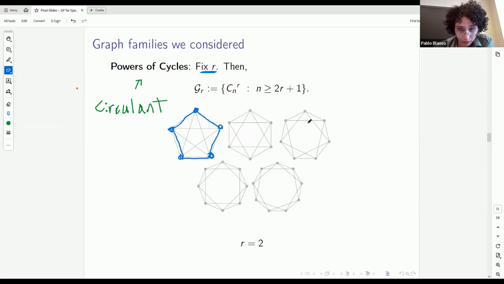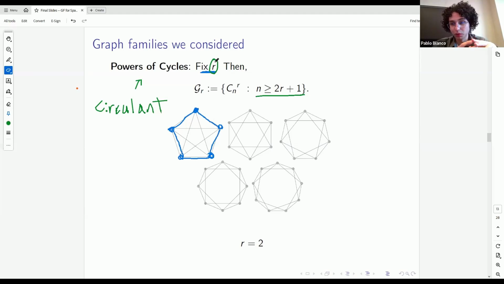And I impose this condition that my number of vertices is at least this big, so that basically my r is actually having an effect.